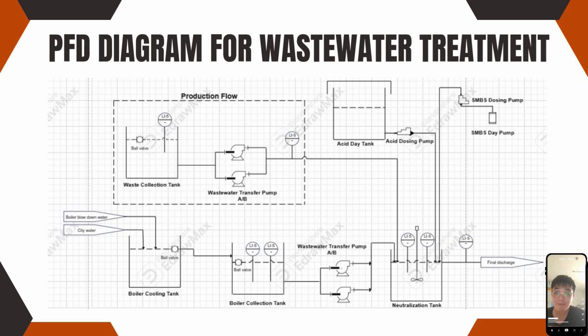The pH is controlled by chemicals from the acid day tank via an acid dosing pump, and from the SMBS day tank via an SMBS dosing pump for chemical treatment. The neutralization tank is equipped with level indicators to ensure safe operation. Once the wastewater is properly treated, it is safely released through the final discharge line according to environmental rules.